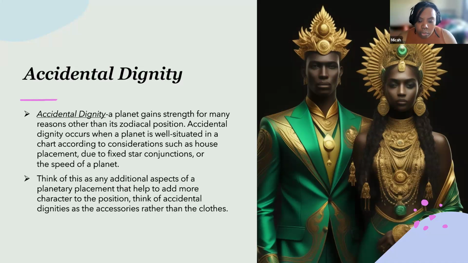With house placement, think of when we talked about planetary joys, where certain planets really like to be in certain houses. Mercury has its joy in the first house because it gets to express itself more. So Mercury in the first house is going to talk a lot, or do a lot of thinking, and it's almost amplified through that house placement.